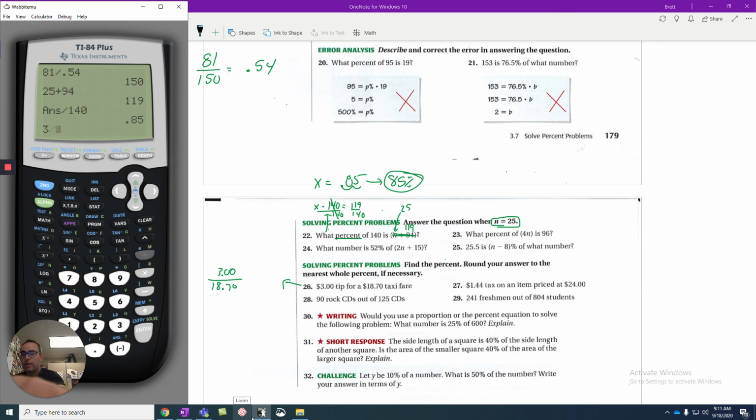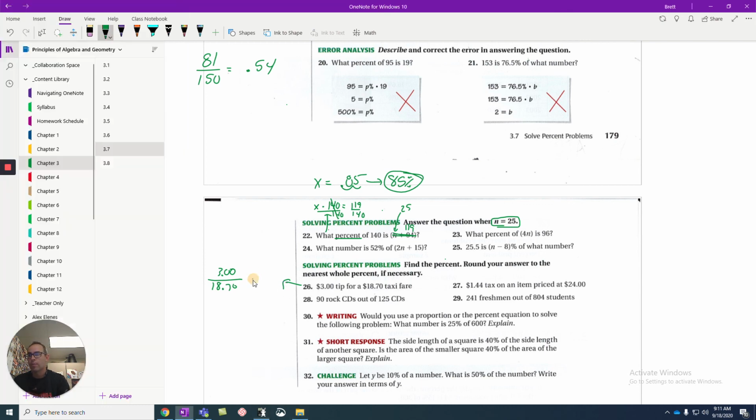So 3 divided by 18.7 is 0.160. Now I only need to move it 2 places. So if I move it 1, 2, that gives me 16. I don't need the 0.0, so we just call it a 16% tip. It's a big tip, but maybe that's the normal tipping rate for a taxi. I don't know. I don't take a taxi.